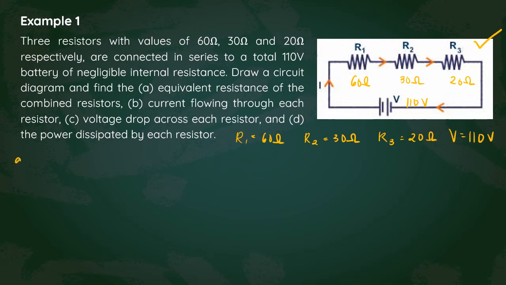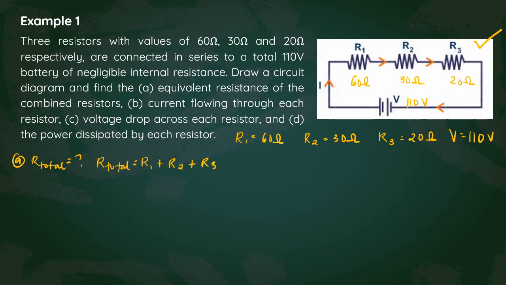So for A, we need to solve for the equivalent resistance, or R total. So what's your R total equal to? Since they are arranged in series, remember that R total is equal to the algebraic sum. So that's R1 plus R2 plus R3.